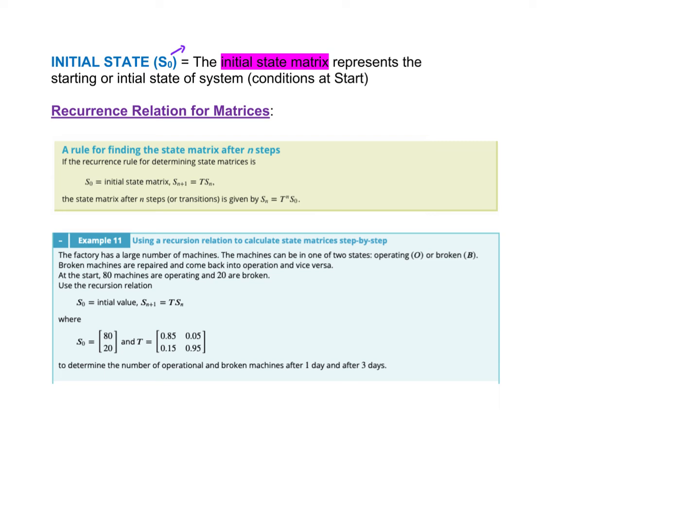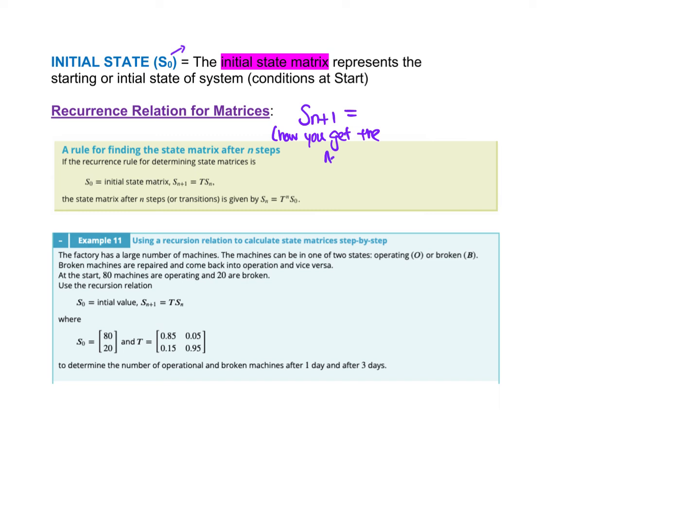We can write this in recurrence relations. We've used these recurrence relations before, and when we're talking about the states and we see this writing here, the n plus 1, it's just how you get the next term, or the next state.